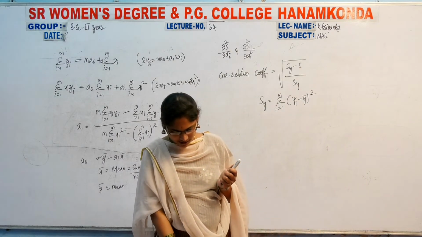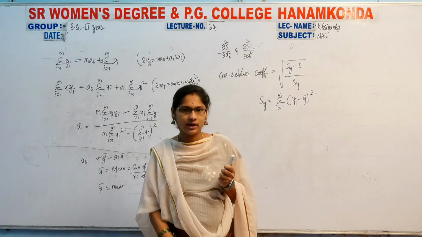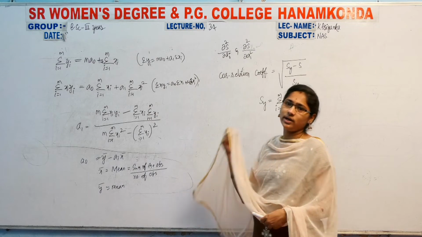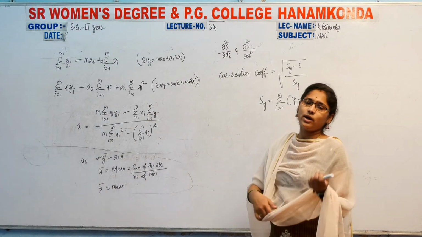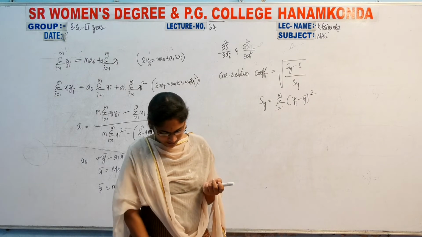And S is defined in the previous equation. Already we know what S is: the summation of (yi minus (a0 plus a1 x)) whole square, like that we are taking.